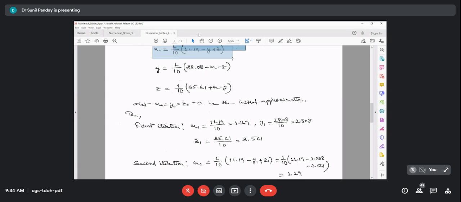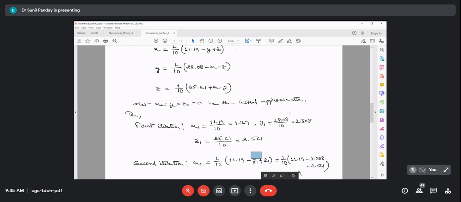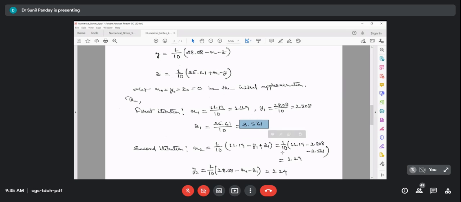If I want to know the second approximation, on the left I write x2, and on the right I write y1 and z1. So I will get the updated value of x2. What is y1? y1 I obtained from the previous step, and this is z1. After substitution I will get 1.19.